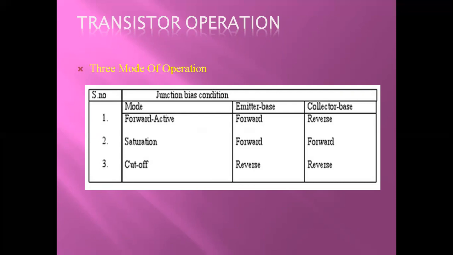Each and every transistor, either PNP or NPN, can be operated in three different modes: forward active mode, with emitter base in forward and collector base in reverse; saturation mode, with emitter base in forward and collector base also in forward; and cutoff mode, with emitter base in reverse bias and collector base also in reverse bias.